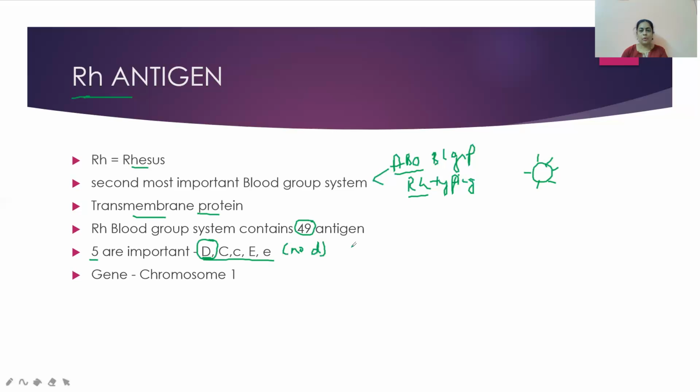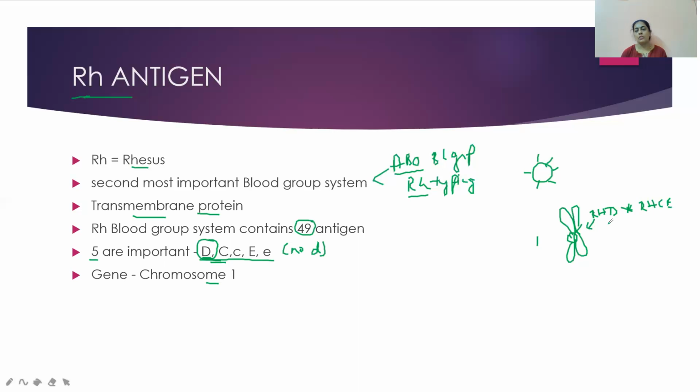The gene for this protein is present on chromosome number 1. The gene encoding for these RH antigens is present on chromosome number 1. There are 2 closely associated genes, the RHD and RHCE, and these genes are present on chromosome number 1.